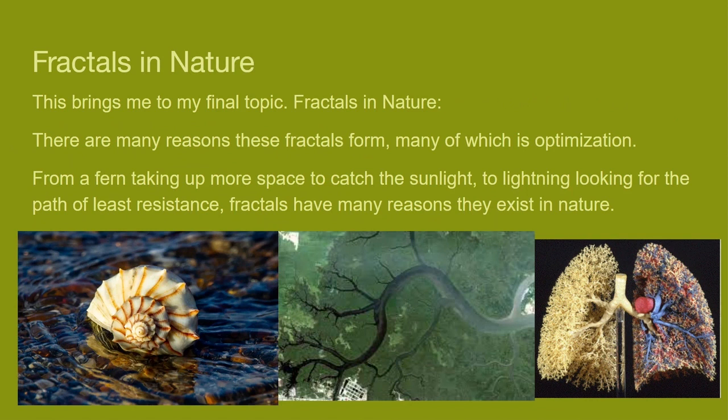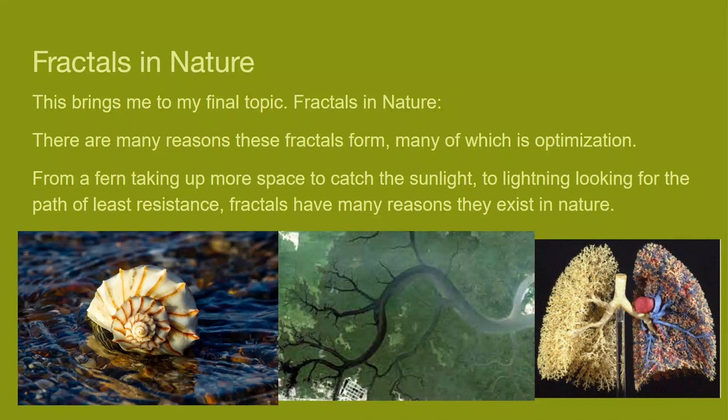Now, one of the cool things about fractals, which I love about them, is that you can find them basically anywhere in nature. For example, as you can see below, there's a seashell or a river basin where it splits off into all these little pieces. And you can also see a lung, which grows in a fractal formation, and I think that's just really crazy. That's inside us.